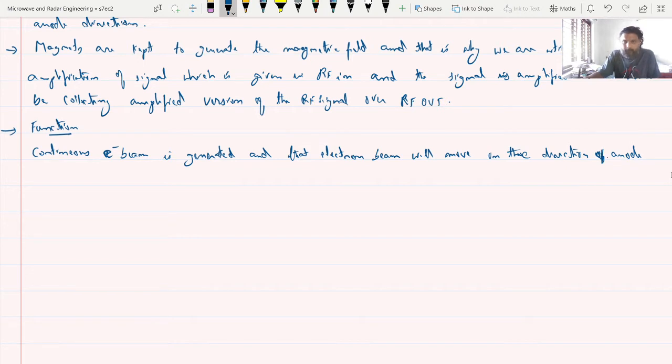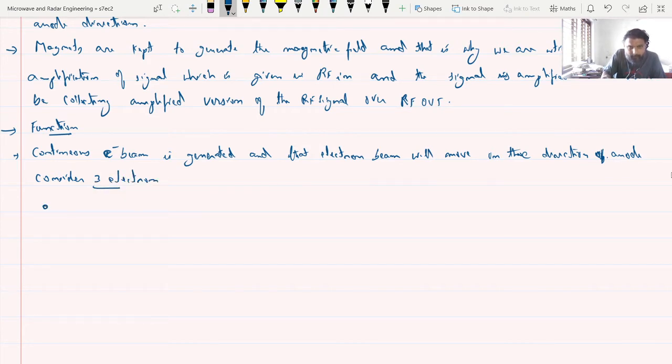Clear? Continuous electron beam is generated, and that electron beam will move in the direction of the anode. So next I will consider 3 electrons.